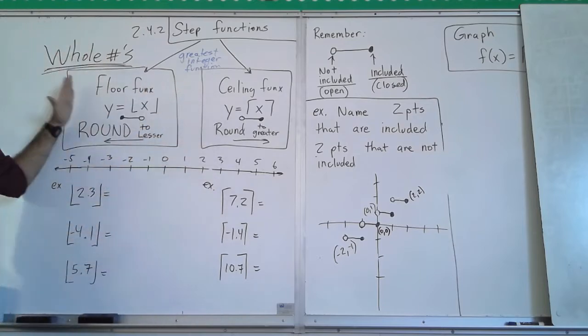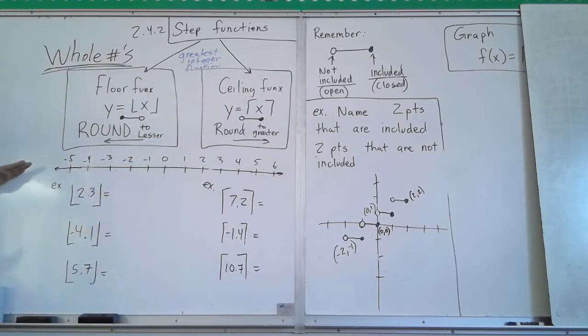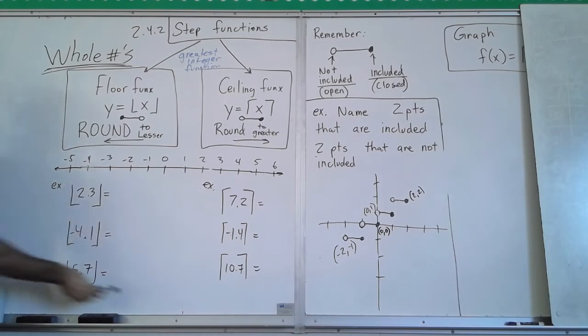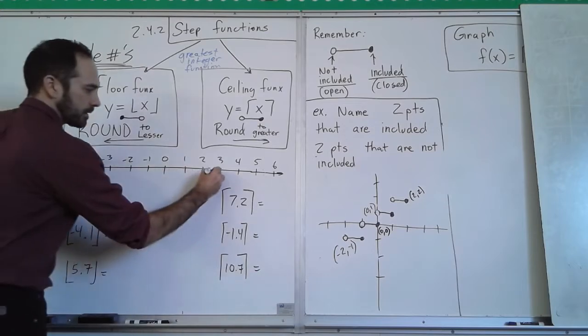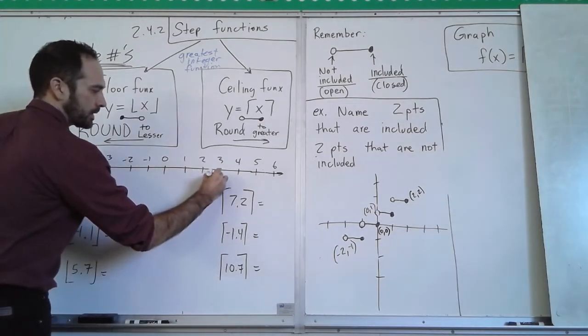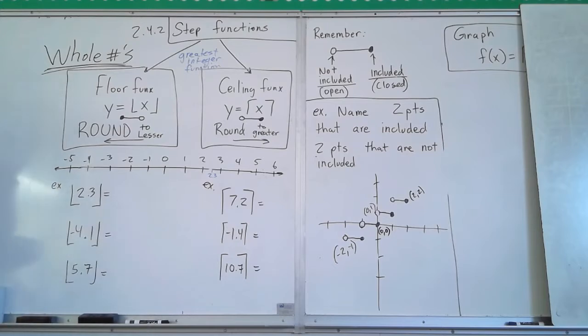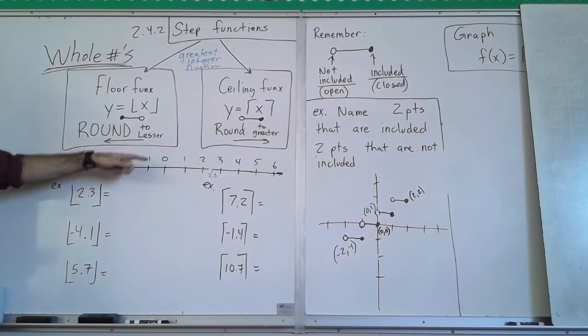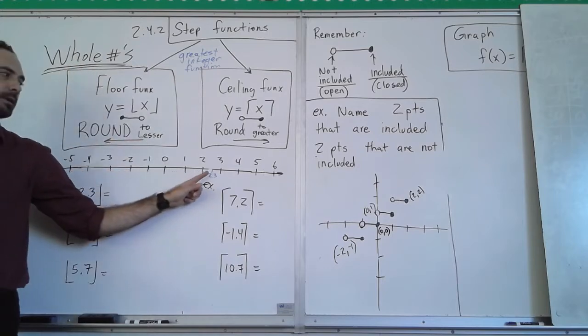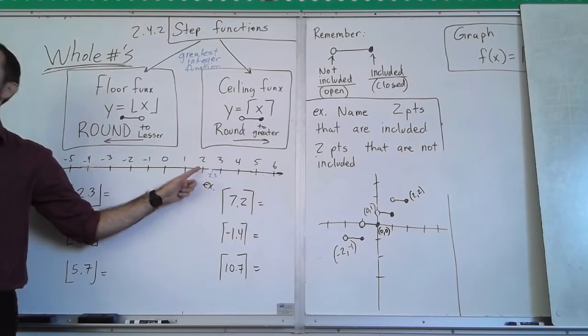So let's just stay on the floor function and look at some of these problems right here. So if I have the floor function of 2.3, let's go ahead and put in where 2.3 is, right here. So we have 2.3 positive, right? It's the floor function, so I need to round to the next whole number that's lesser. So what is the whole number less than 2.3? 2, right?